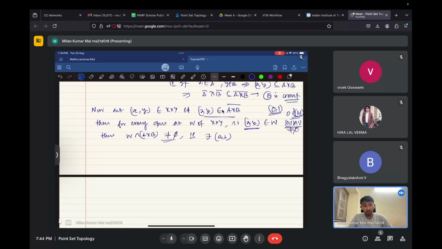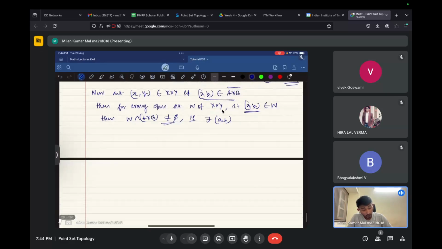So that point is not 0 there. Now (a, b) is sitting inside W intersection A cross B. That means (a, b) is sitting inside W and (a, b) is sitting inside A cross B, right?